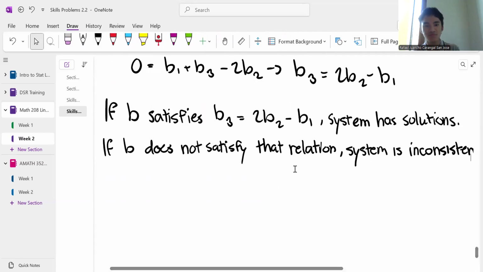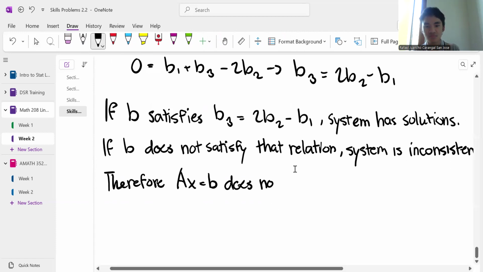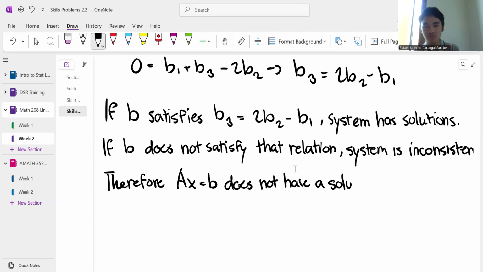So AX equals B does not have a solution for all choices of B. It has to satisfy this thing.